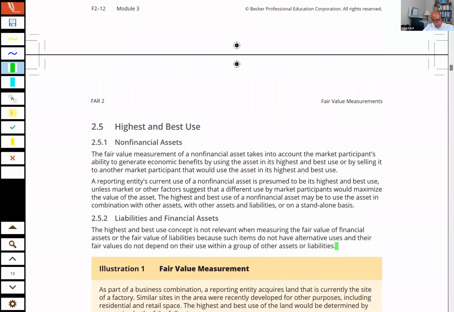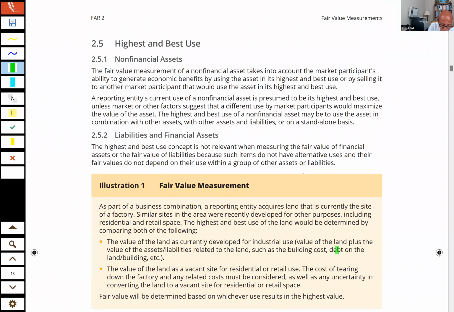Okay, good. Now, if you have a non-financial asset, which means we're not talking about stocks and those sorts of things, and you're trying to figure out the fair value of that, the fair value measure of a non-financial asset takes into account the market participants' ability to generate economic benefit by using the asset, and you look to the highest and best use, or by selling it to another market participant.